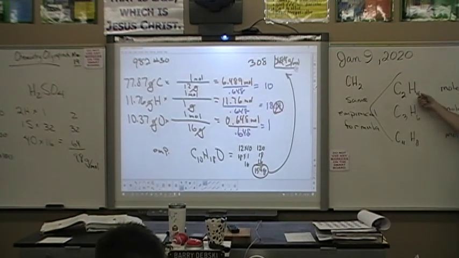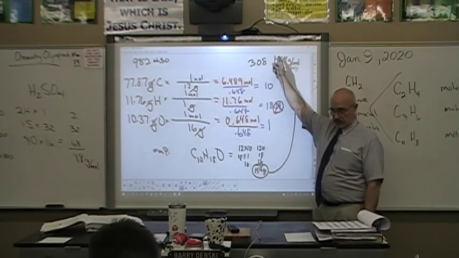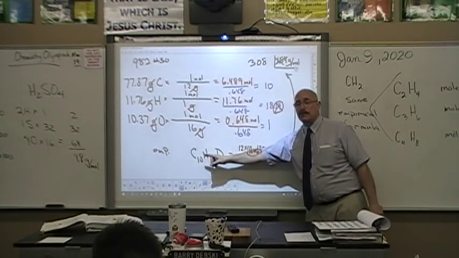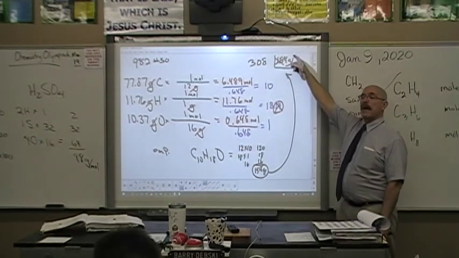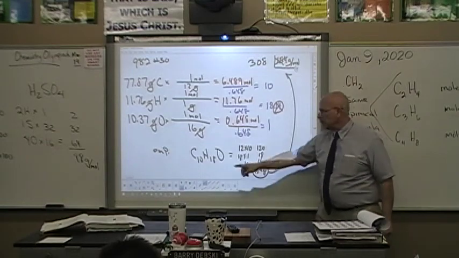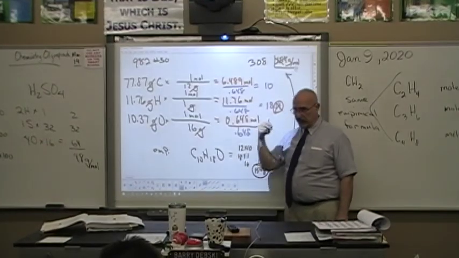It's going to be times 2 or times 3 or times 4 or times 5 or times 8. It's going to be some number bigger. So they're always going to give you this number if they ask you for the molecular formula. And your last step is compare the mass of your empirical formula to the mass of your molecular formula, and it'll be a whole number. You'll just need to multiply all of the subscripts by some number.